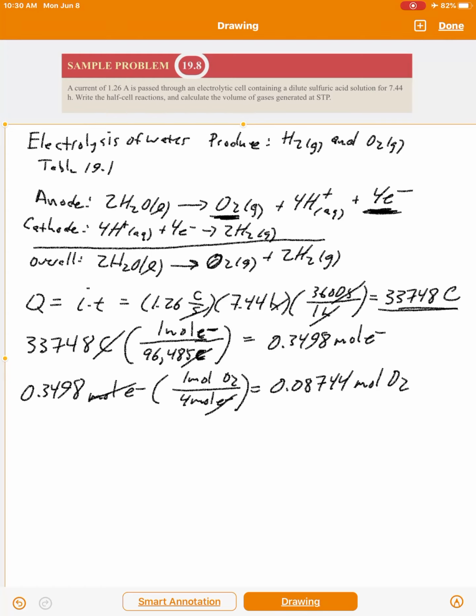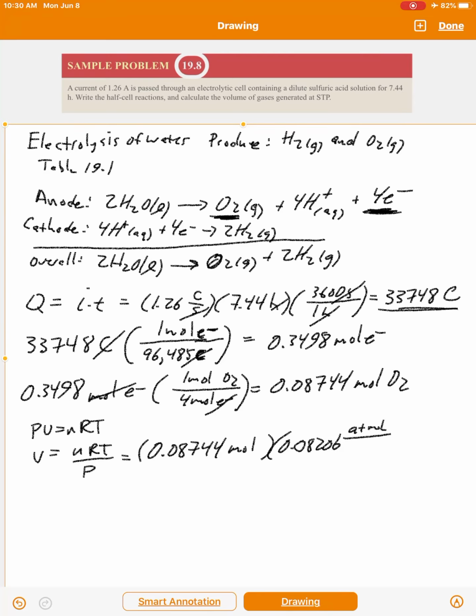Now it tells us this is at STP, so we use the ideal gas law. We're trying to find the volume, right? It says find the volume. We already have the half reaction, but find the volume. nRT over P. Okay, so 0.08744 moles. The gas constant is 0.08206 atmosphere liters per kelvin mole.